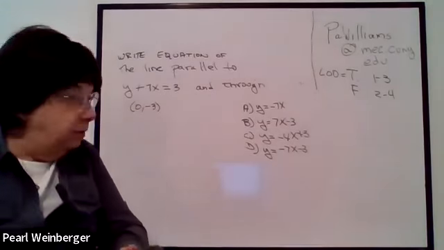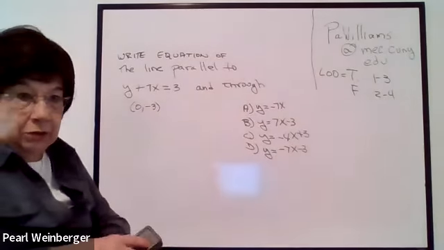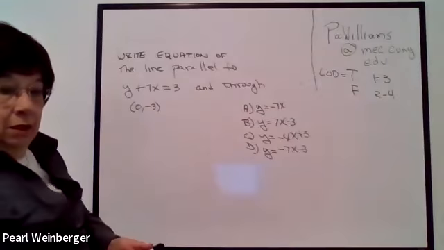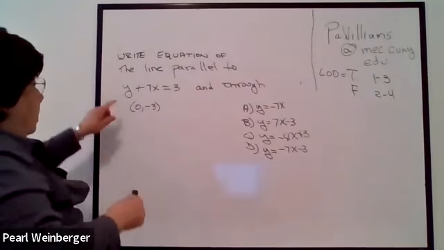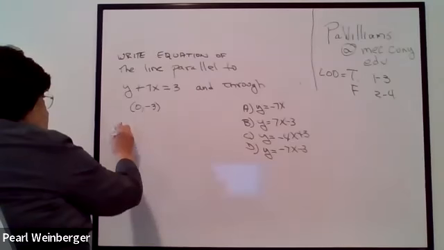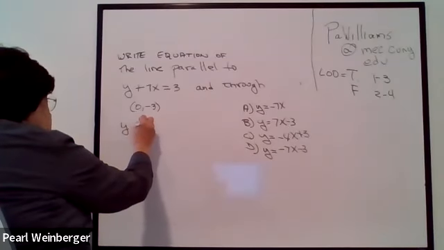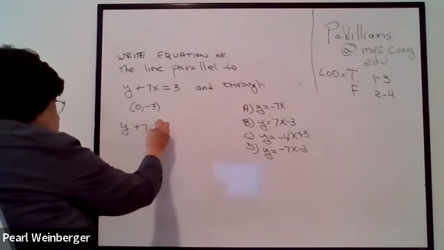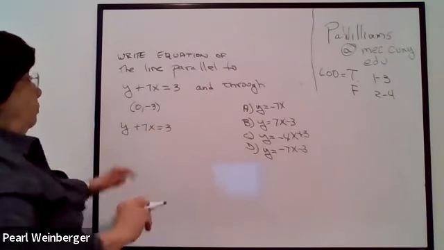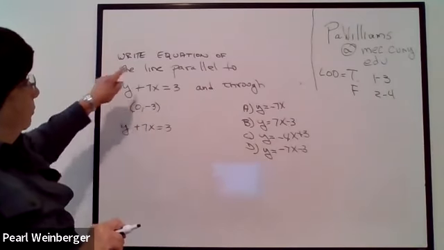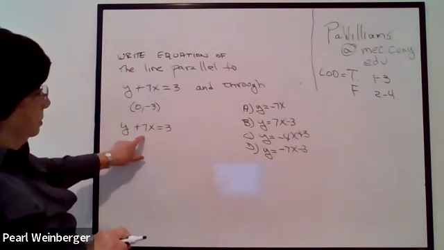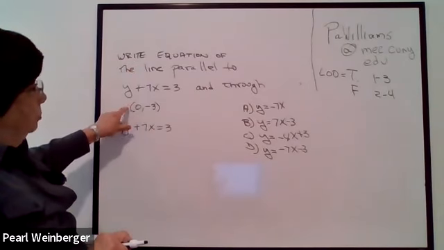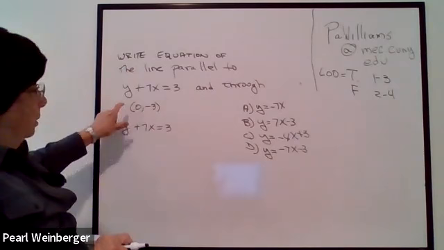Okay, so let's see how this works. Again, they gave me that we have this equation y plus 7x equals 3. And we want to write the equation of a line that's parallel to this line and goes through point (0, -3).